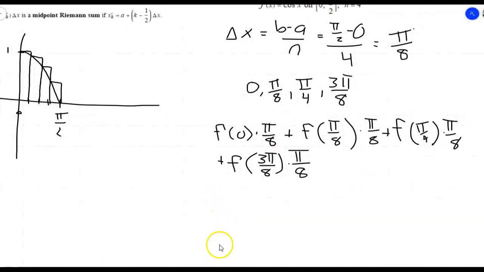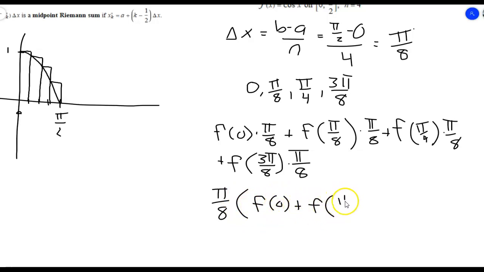So I'm going to pull out a pi over 8, and then it's going to be f of 0 plus f of pi over 8 plus f of pi over 4 plus f of 3 pi over 8.